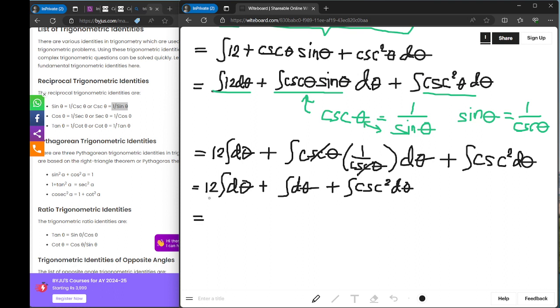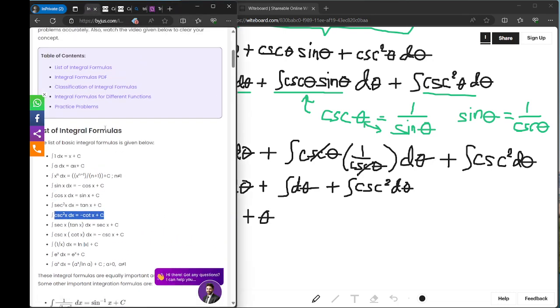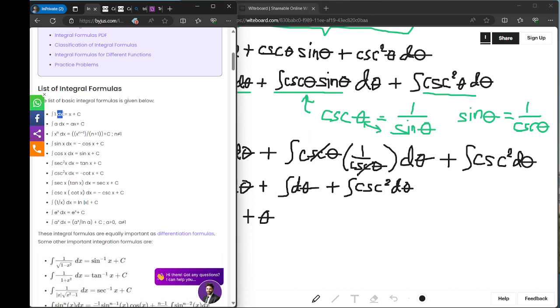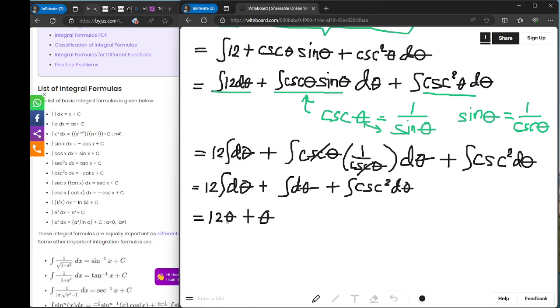The integral of 12 d theta is equal to 12 theta, plus the integral of d theta is just theta. If we check here, d theta is like x, so that's x. And if it has a constant coefficient, that's a times x. This is similar to a times x, and this is x.